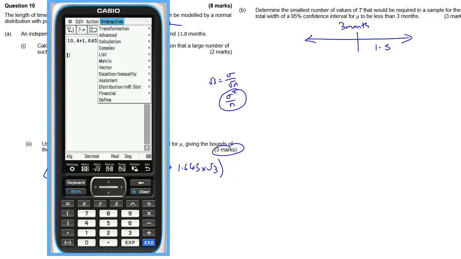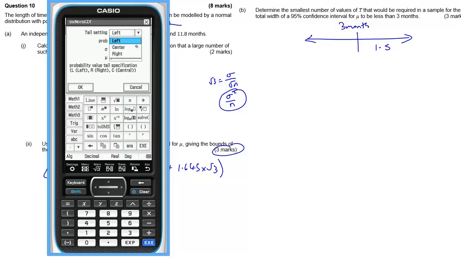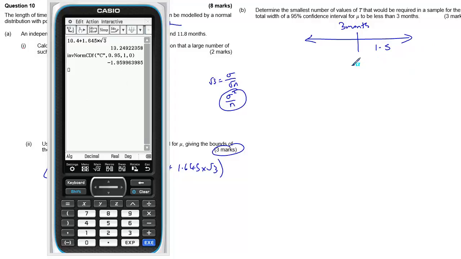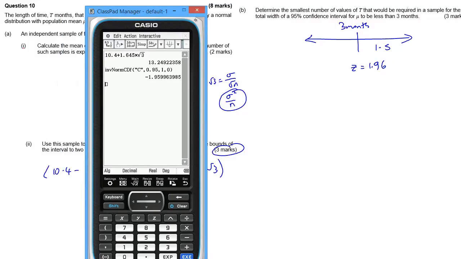So we're going to go for the inverse normal this time, and we'll go center again, and the probability this time is 0.95, and so we're wanting 1.96. So our Z value is 1.96.